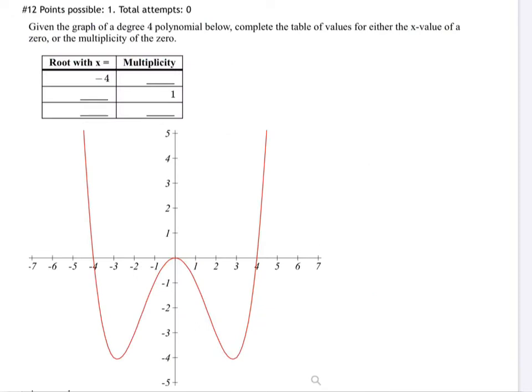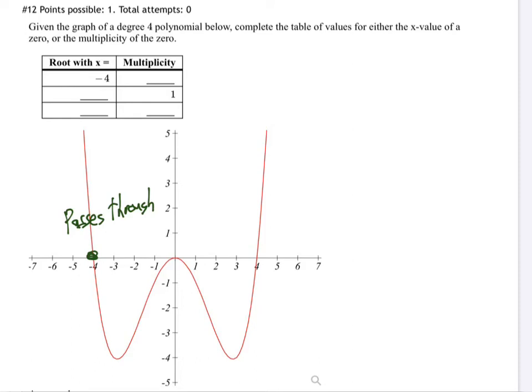Number 12. So now we're looking again at a graph and the whole multiplicity thing. So let's go through it answer by answer. So right here, it passes through. There's no shift of any kind.